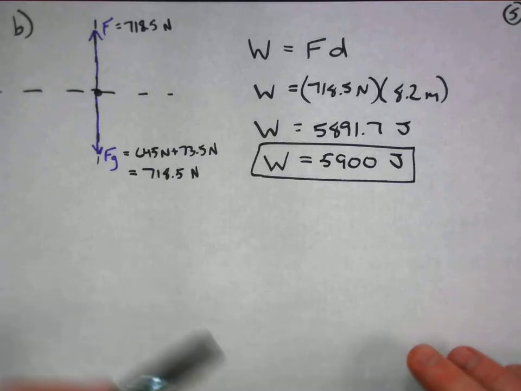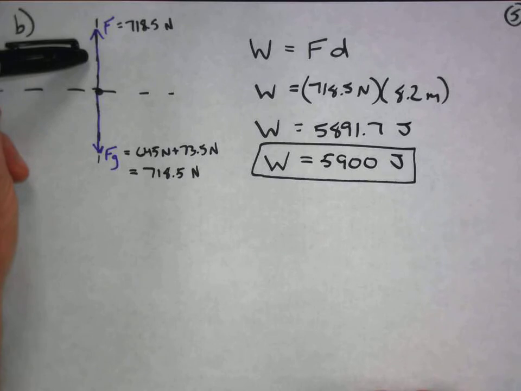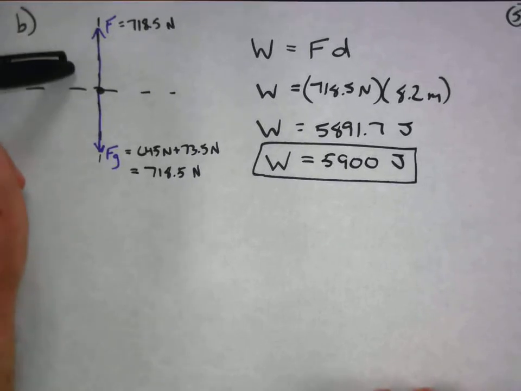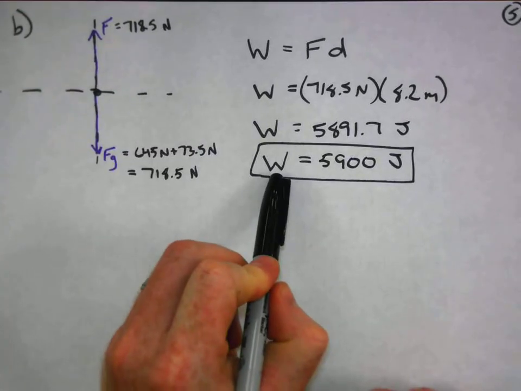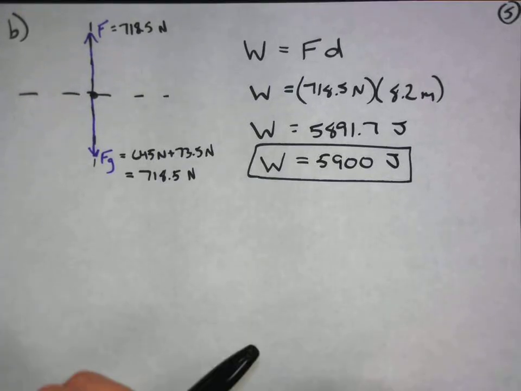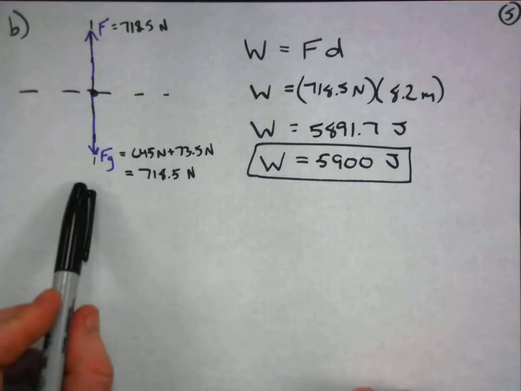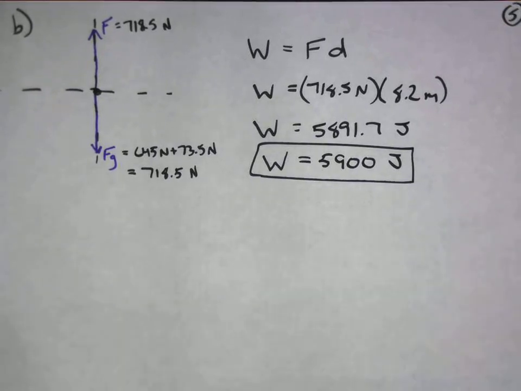If that was the only force acting on the climber and the backpack, then that force would have done work, and that work would have changed the climber's kinetic energy. The climber would have been speeding up. But because the weight force also exists, there was no change in the climber's kinetic energy. That's important to realize.